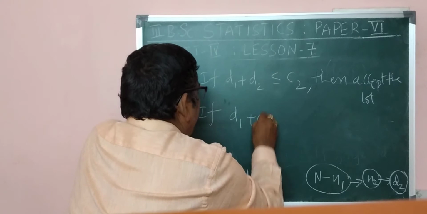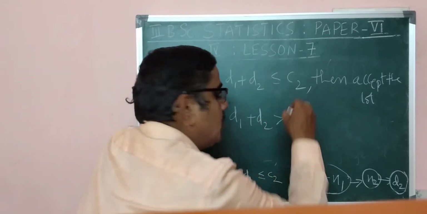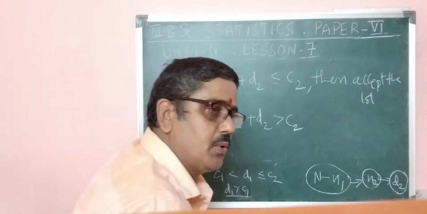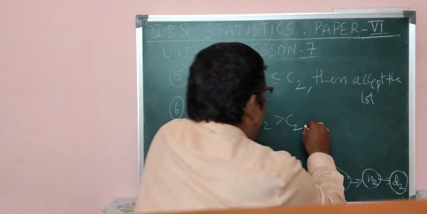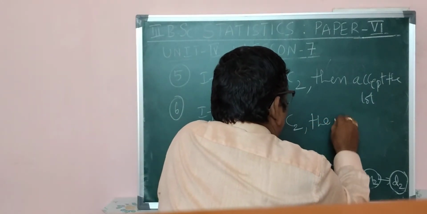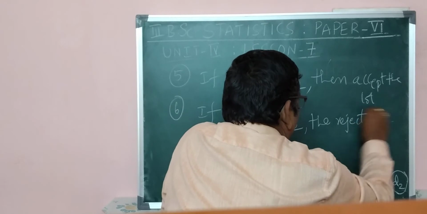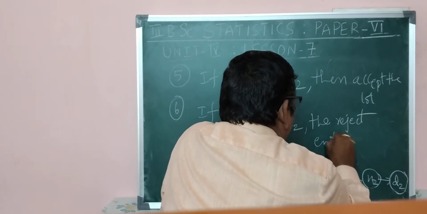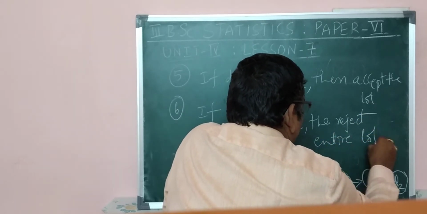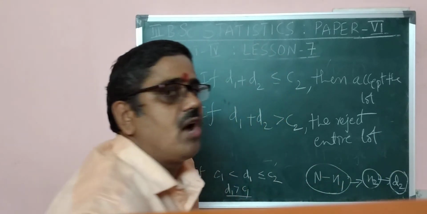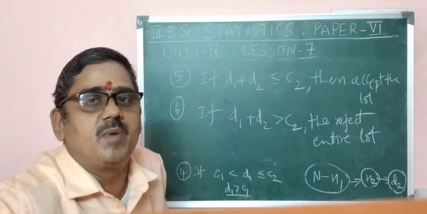If D1 plus D2 is greater than C2, then reject the entire lot, and we have to call for 100% inspection.